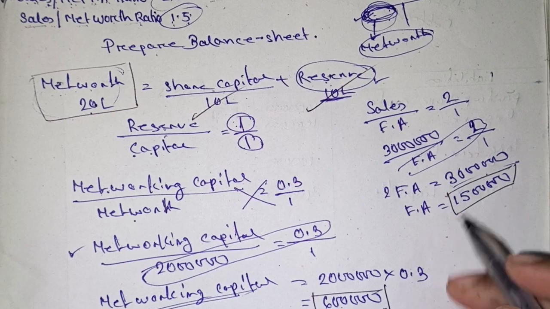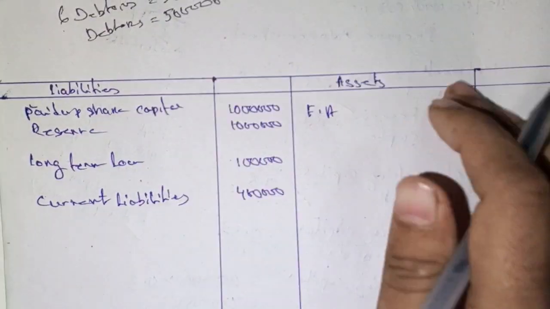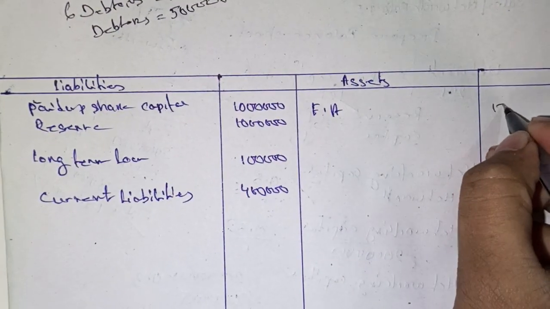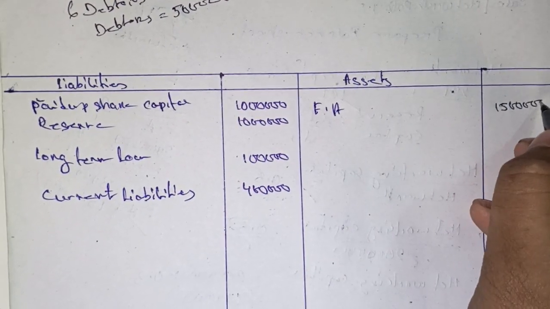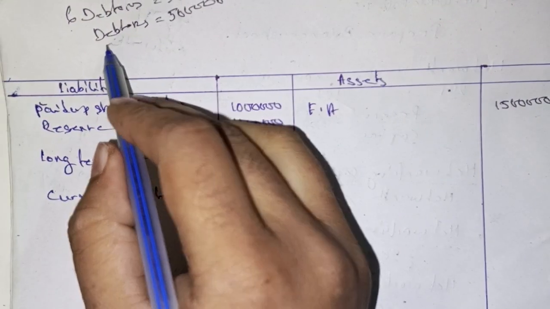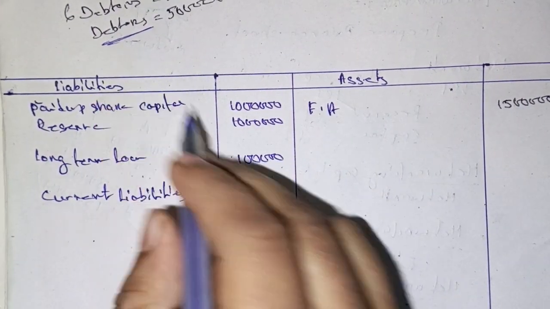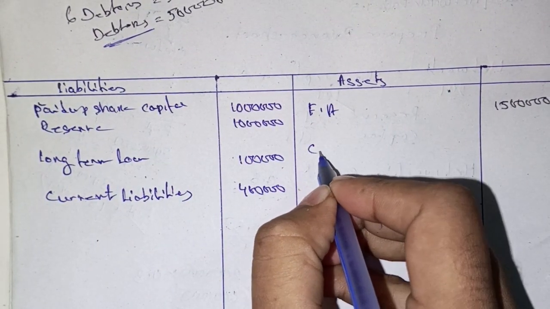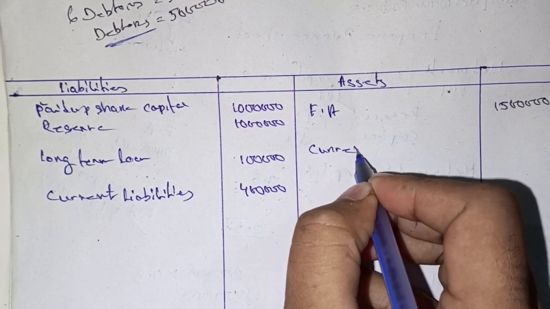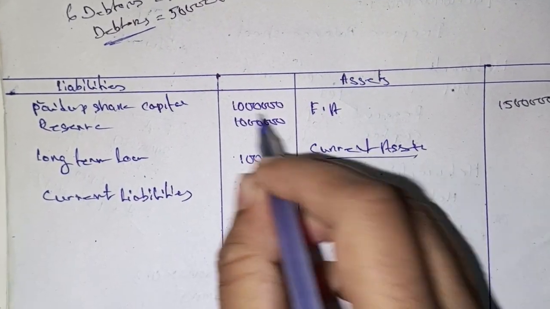Fixed asset we have found, 15 lakh. Then we are going to put the debtors. This is in current assets.